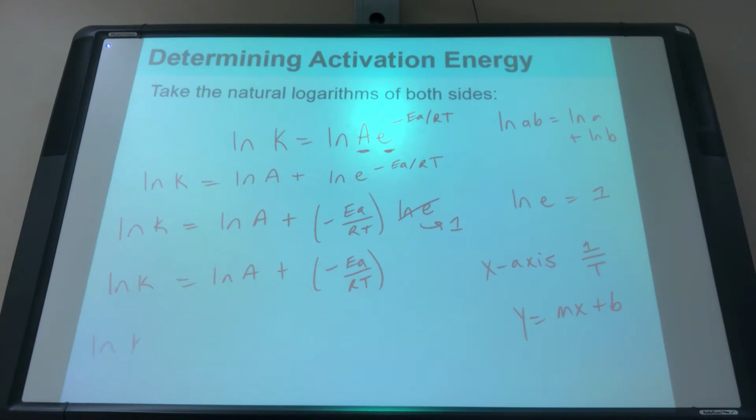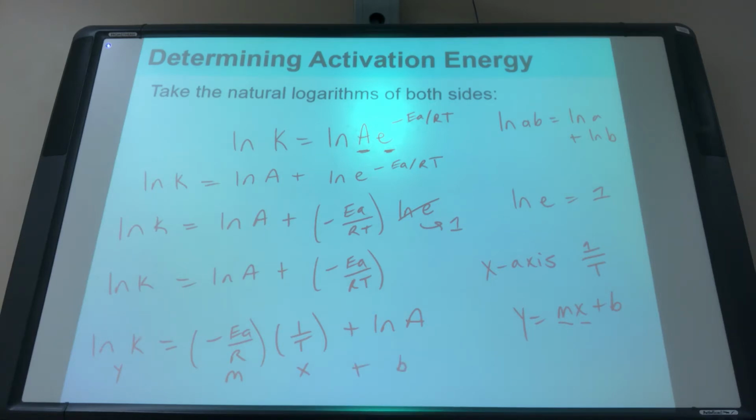So ln of k is equal to, and let me take the T out, so I have my m and my x: negative Ea over R, times 1 over T, plus ln of A. So this is my y, my ln of k. This is my m, this is my x, and then this is my plus b.